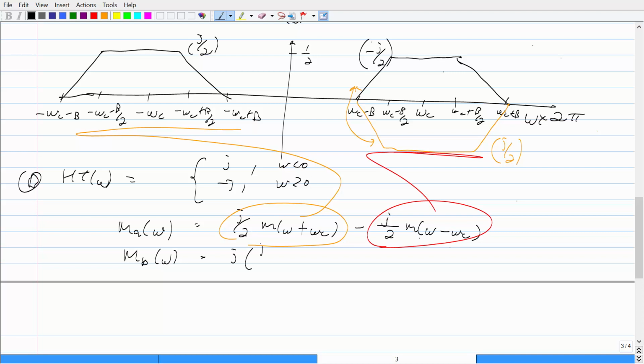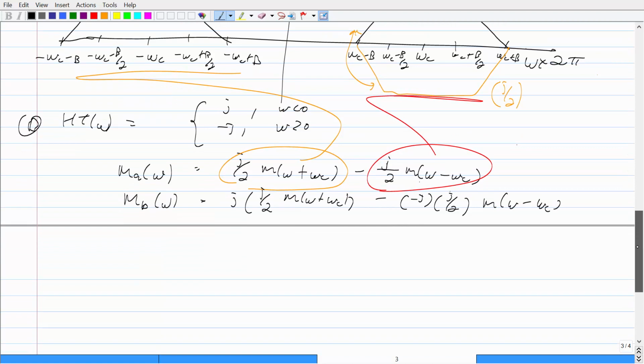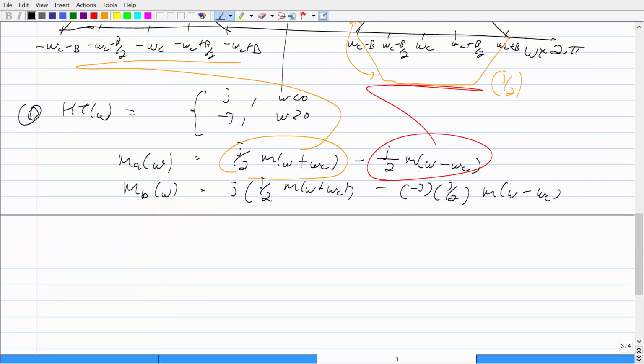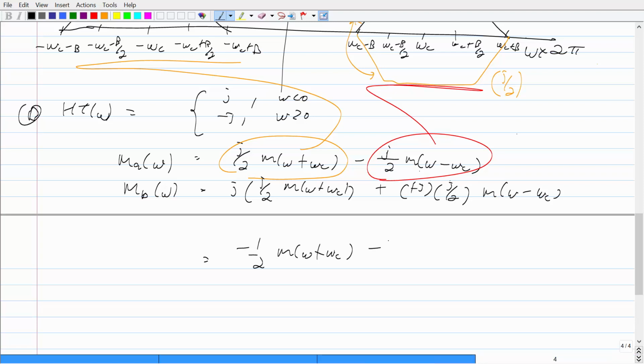So you get j over 2, m of omega plus omega c. And then minus, anything positive becomes minus j over 2, m of omega minus omega c. Remember, j squared becomes minus 1, so you get minus 1/2 m of omega plus omega c. This and this become positive, but the j squared still becomes minus 1, so this becomes minus 1/2 m of omega minus omega c.